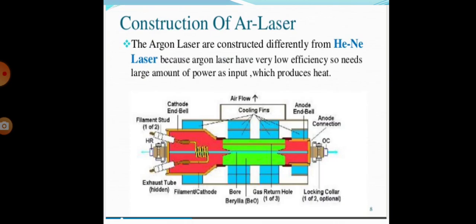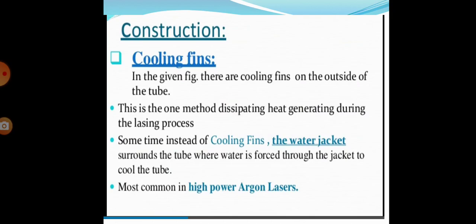Construction of the argon laser. The argon laser is constructed differently from helium laser because argon laser has very low efficiency, so a large amount of power is needed as input, which produces heat. Cooling fins. In the given figure, there are cooling fins on the outside of the tube.